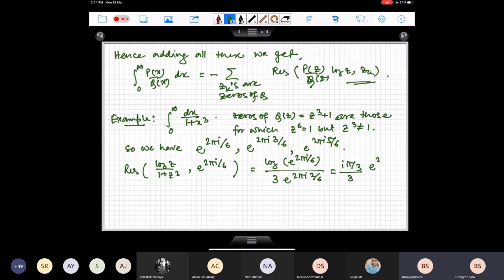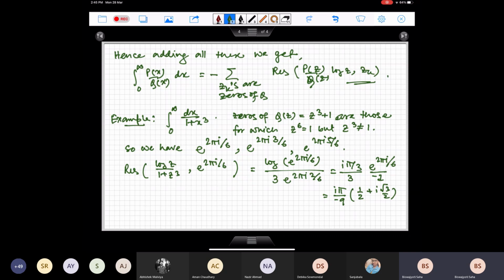So this is e to the power 2 pi i by 6 divided by minus 1. If I calculate, this is going to be i pi divided by minus 9 times e to the power i pi by 3, which is cos pi by 3, that is half, plus i sine, root 3 by 2. So that's what this particular residue is.